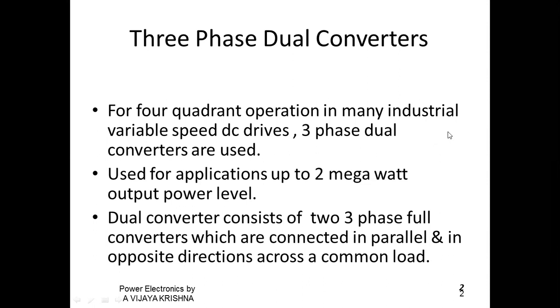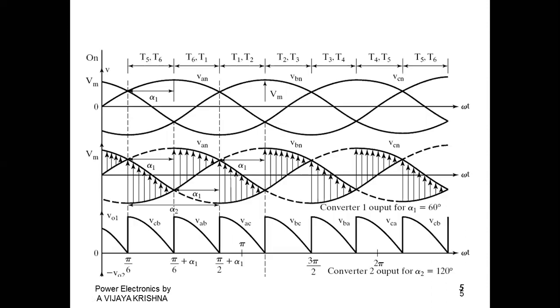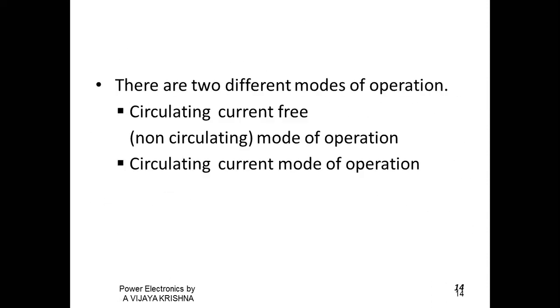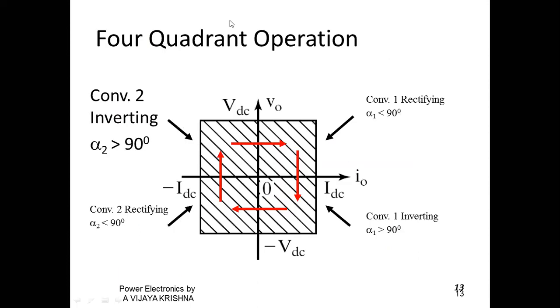Okay, if you observe here, I will show the four quadrant operation. This is the four quadrant operation. Converter 1 is rectifying, alpha 1 less than 90 degrees. This is the rectifying mode of operation, which comes under forward motoring also.